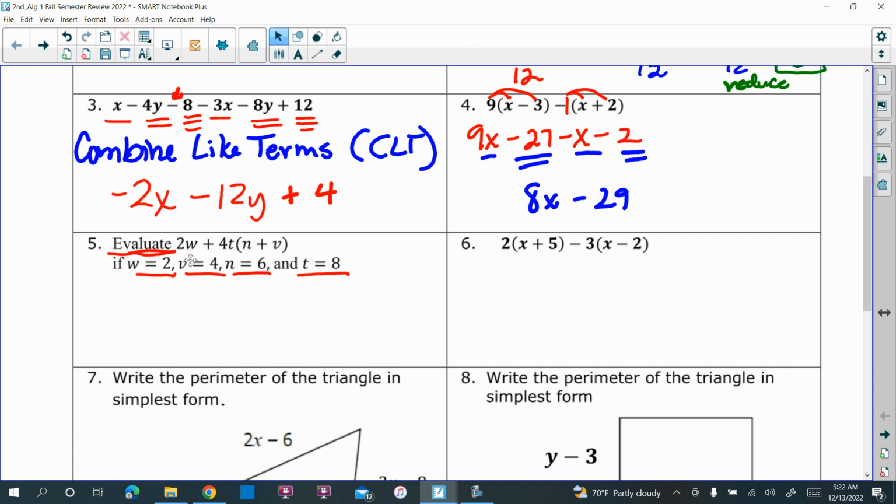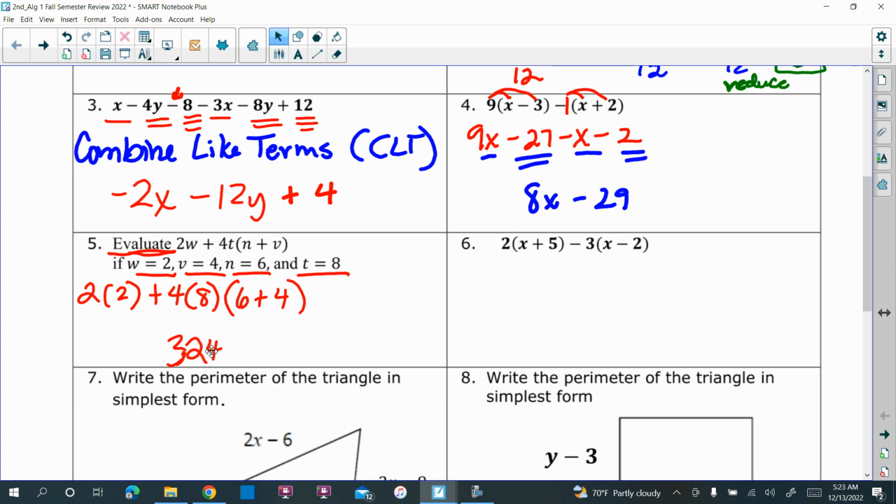So when I rewrite this, we should see 2 parentheses 2, then plus 4 parentheses 8, because the 8 is the t. And inside the parentheses, n plus v should be 6 plus 4. Then you're just doing order of operations. So try to do your multiplication, do your grouping, and then simplify. You should end up getting 324 on this problem. Okay.